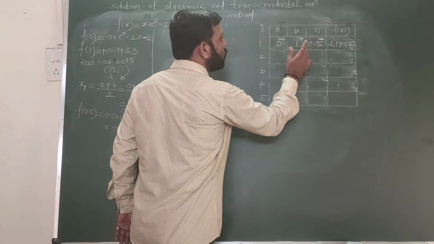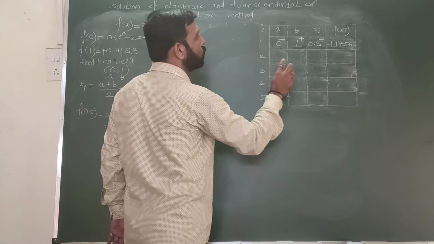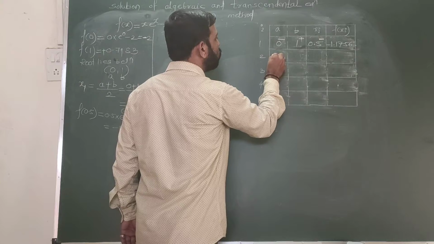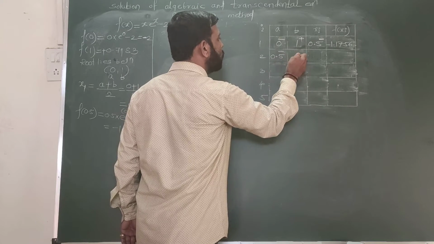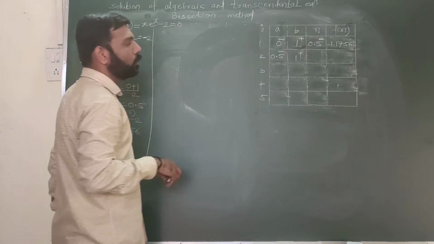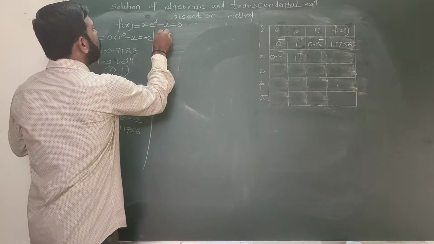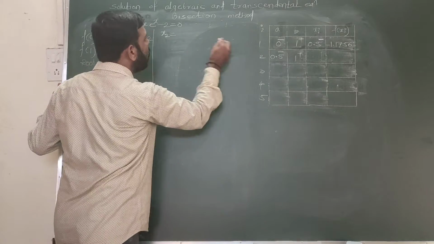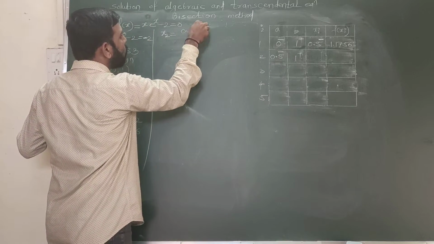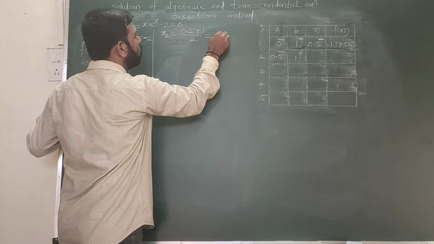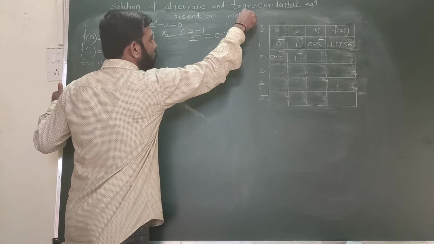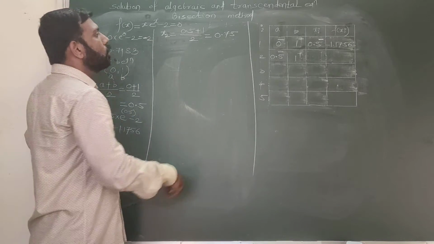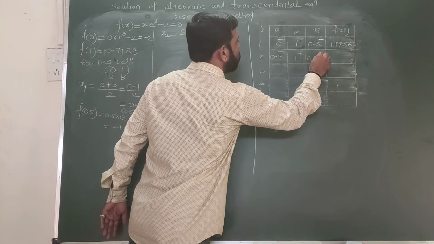From these three values, consider any two opposite symbol terms, minus and plus. So the next interval is minus 1 plus symbol. Next approximation x2 is a plus b upon 2, which equals 0.75. This is our second approximation.